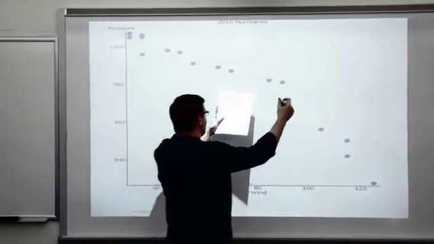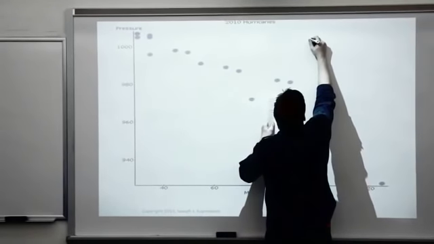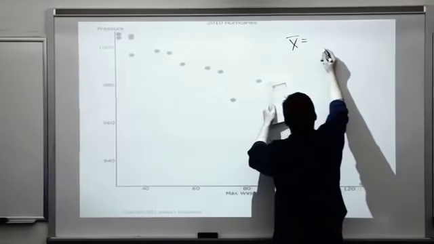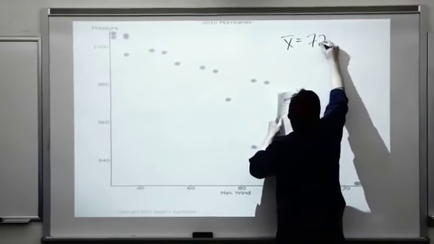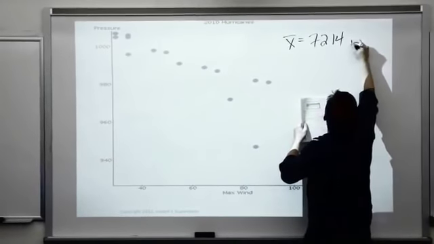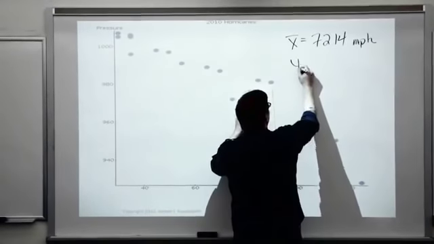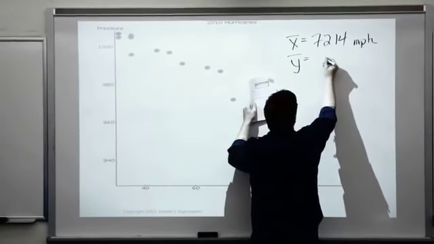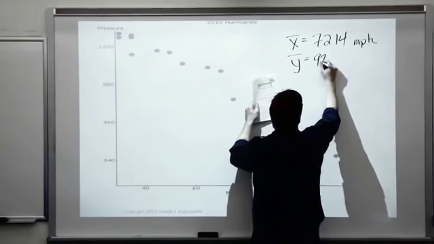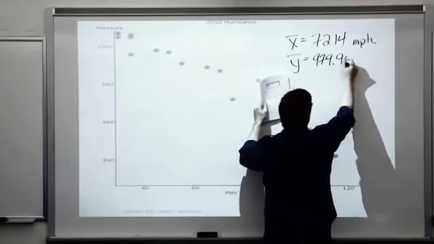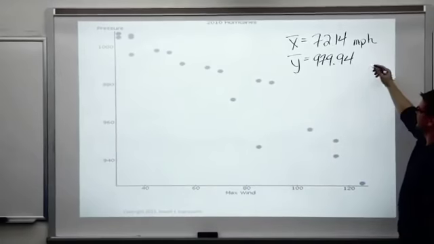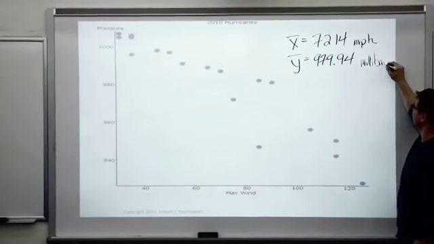I calculated off to the side X bar. The mean max wind was 72.14 miles per hour. Y bar, that's the mean pressure, was 979.94. I don't even know what the units are.